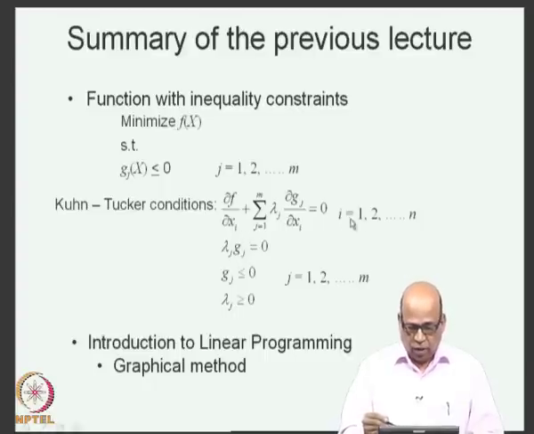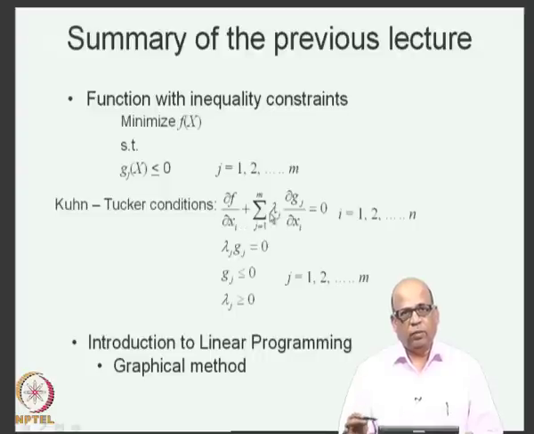So, you have n equations corresponding to the first set of conditions, then m equations associated with the second set of conditions, lambda j g j equal to 0. We use these n plus m equations to solve for x 1, x 2, etcetera, x n, and lambda 1, lambda 2, etcetera, lambda m.